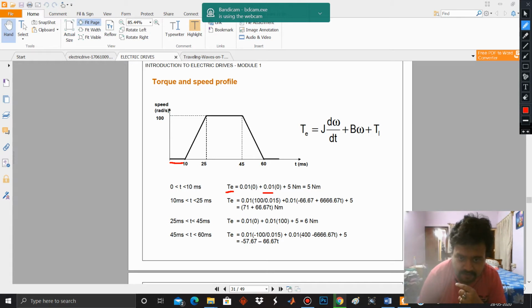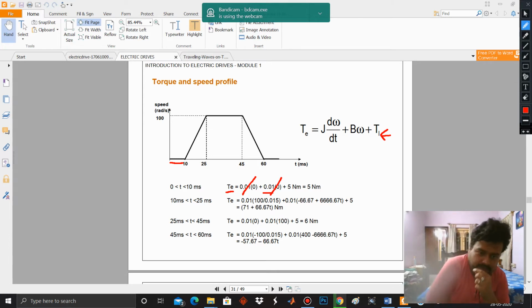Omega value is again 0 over here, plus 5. The load torque is 5. So these terms become 0. So it is 5 Newton meter from 0 to 10 milliseconds. Now this is complete.